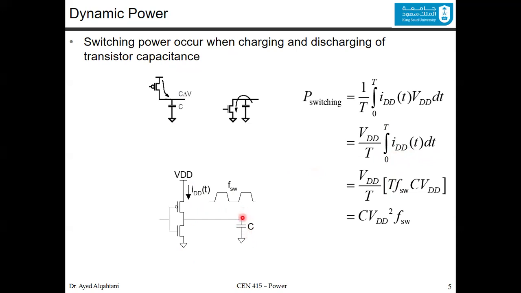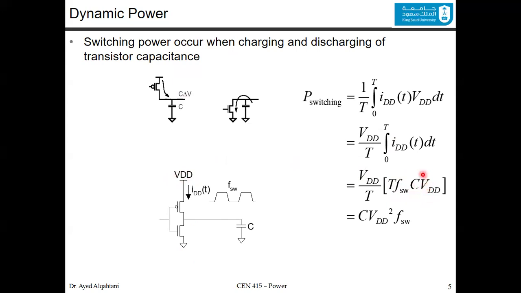The more capacitance that you have, the more current that you need. So the capacitance is there. Also, the frequency at which you are charging and discharging, how frequently you are doing this. This is called the FSW, or the frequency of switching, and the voltage at the source, which is VDD.